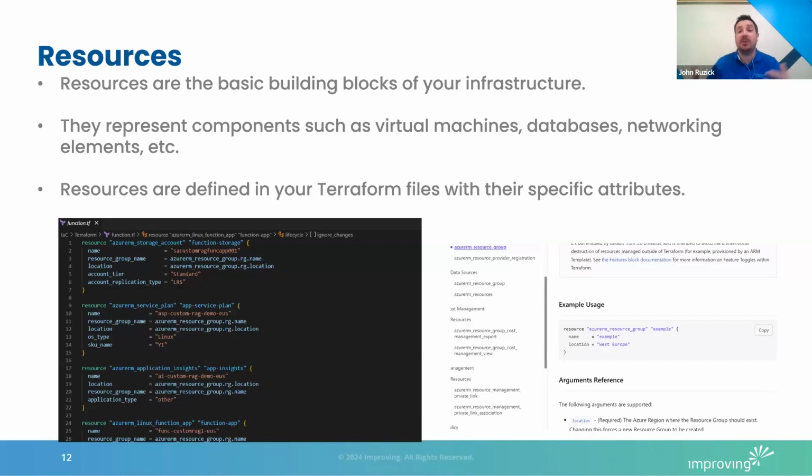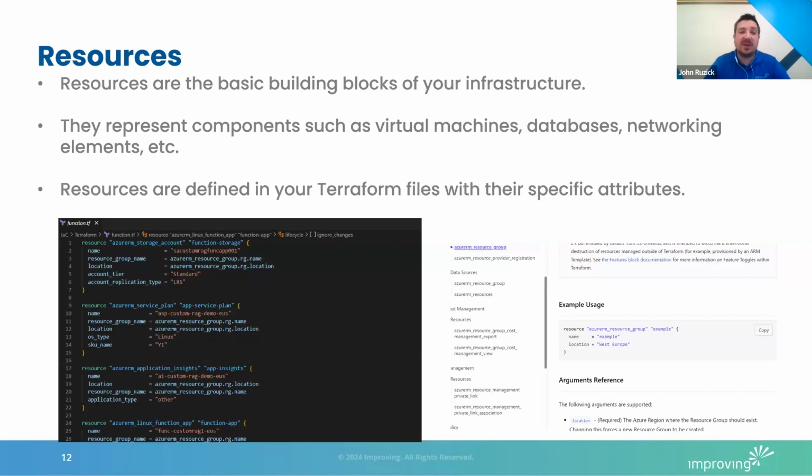So you could create multiple resource groups to bucket different components. You can create access policies and manage security through resources as well. But primarily they represent components like virtual machines, databases, networking elements, etc., anything that you would deploy into a cloud environment.